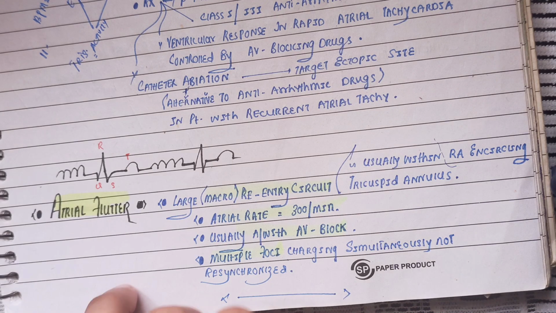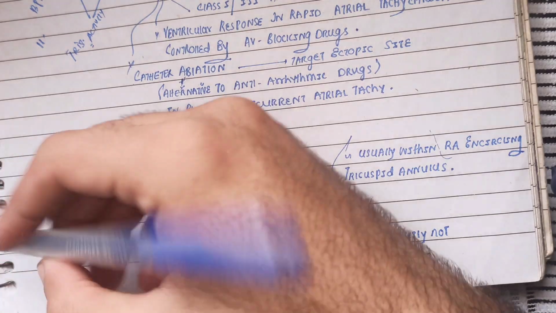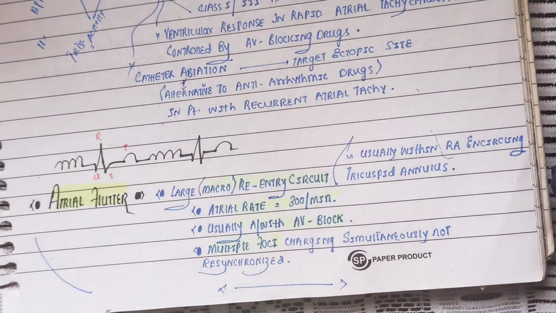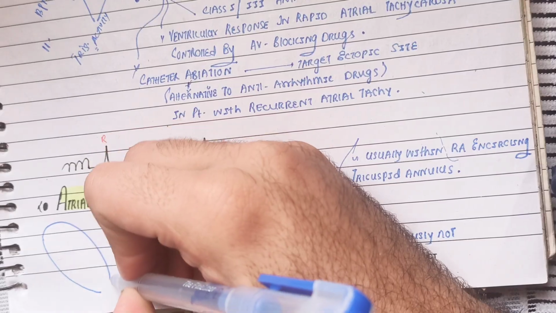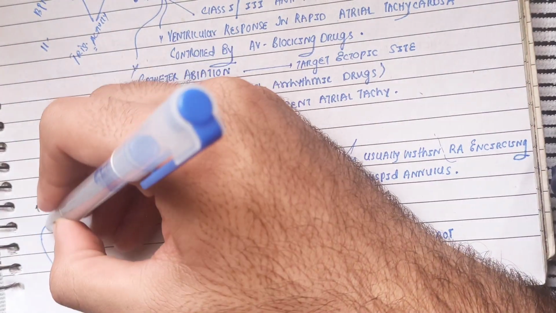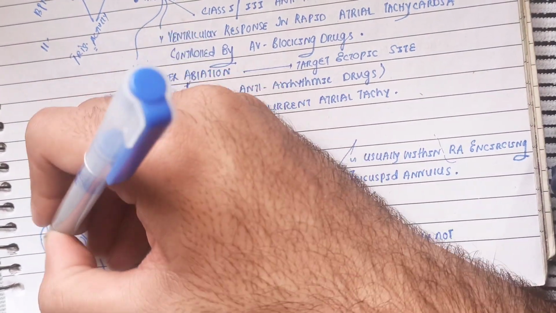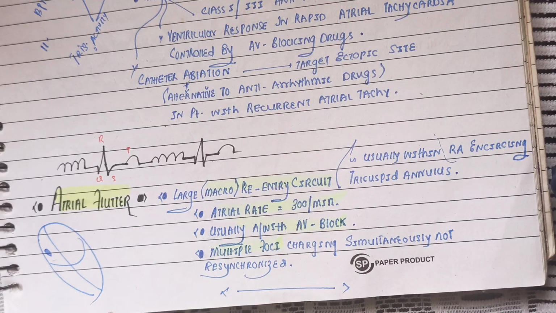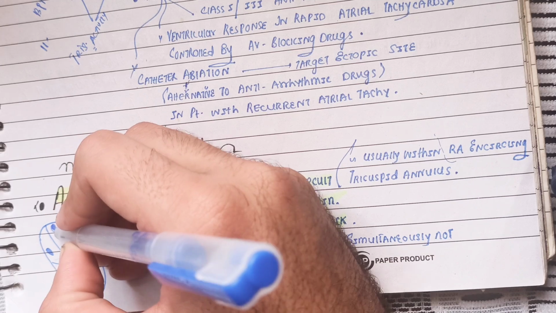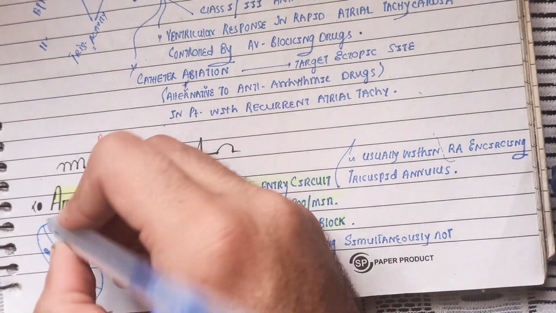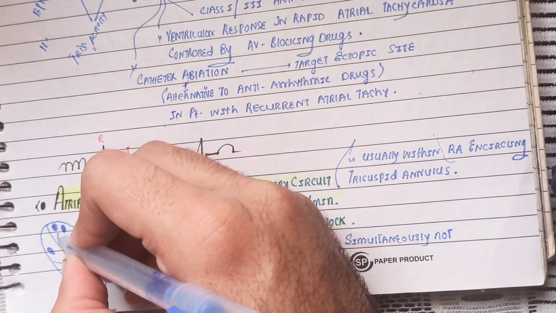what will happen is, if this is your heart, beta, you see over there, and this is the SA node. But alongside the SA node, you will find some other foci too. These are the foci, and they are producing the impulses, right?